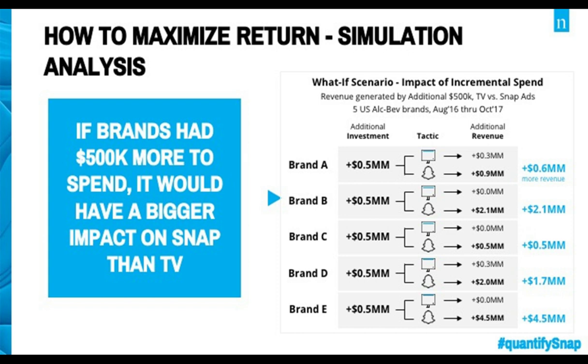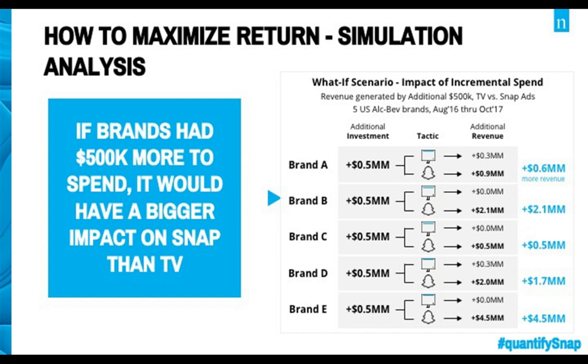So you have incremental revenue for $500,000 into TV for brand A versus an extra $500,000 for Snapchat for brand A. The way you read that is $500,000 of extra spend on TV generated an extra $300,000 of revenue for brand A, while the $500,000 of extra spend for Snapchat generated $900,000 of additional revenue.